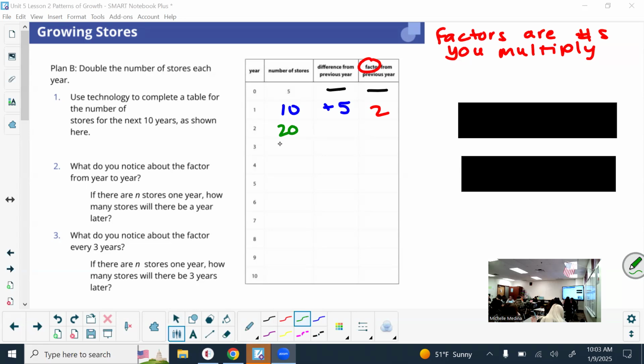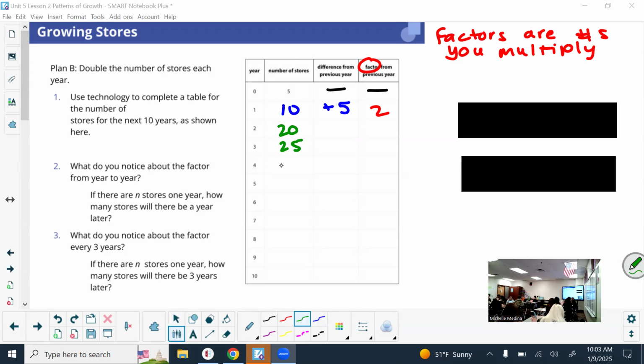Chris, how many in year 3? Jordan, year 4?